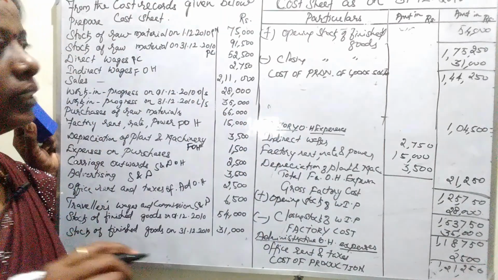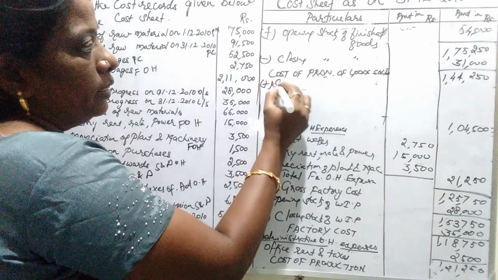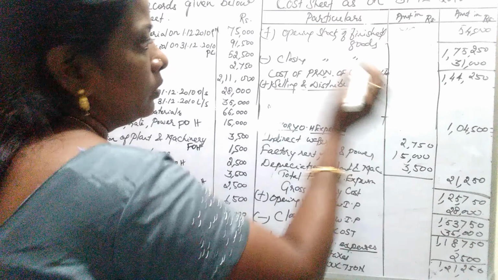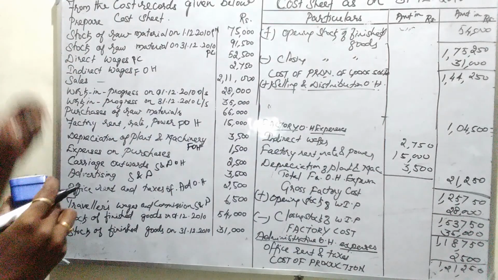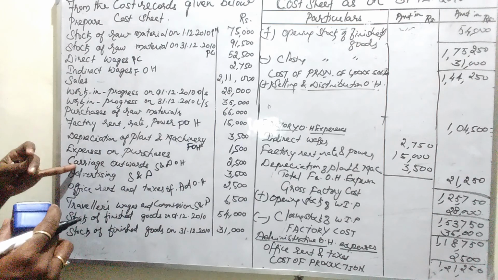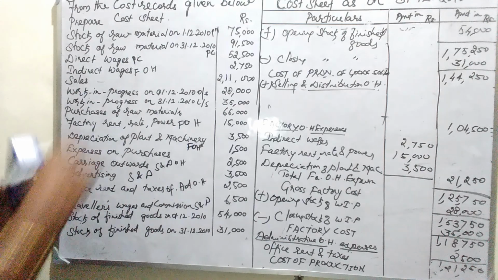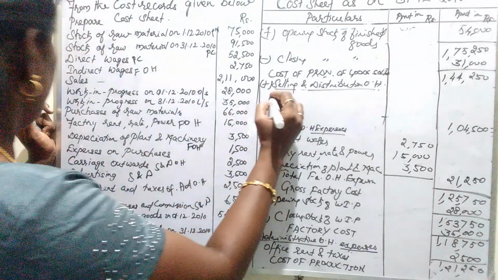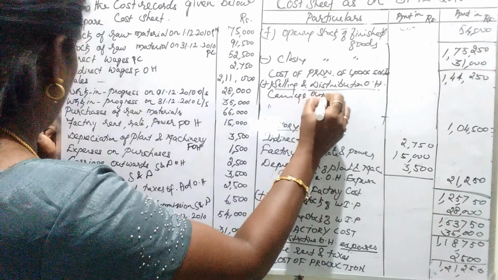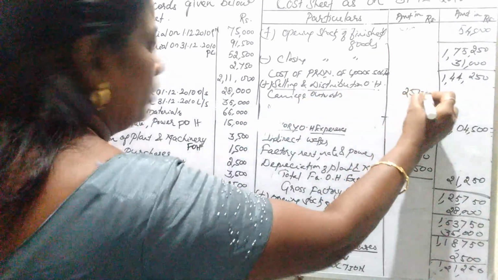Okay, got it. Next we have to add the selling and distribution overhead. So what are the selling and distribution overhead expenses? Carriage outwards, advertising, travelers' wages and commission. There are 3 expenses. First one, carriage outwards, that is 2,500.